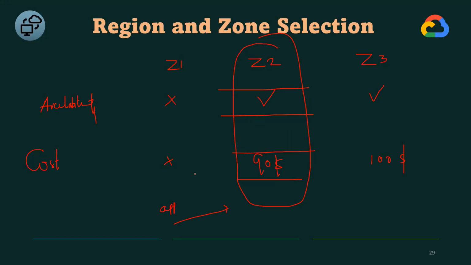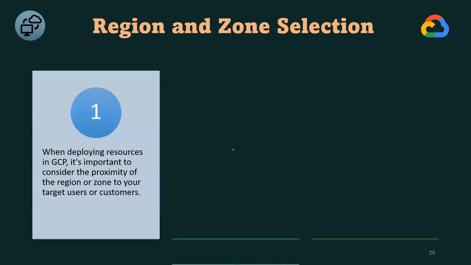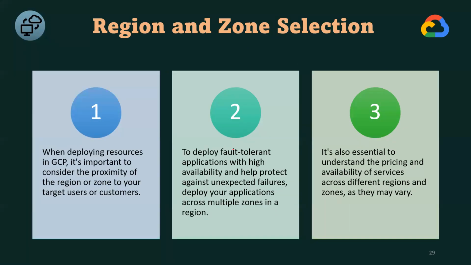When we look at zone 2 here, the resource is available and the cost is also comparatively cost effective, so I am deploying my application and storing the data on top of zone 2. So this is our selection criteria too. Any question here, please? Yes, please. Okay.